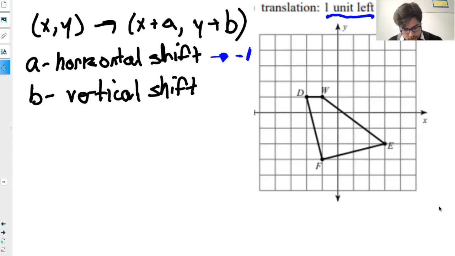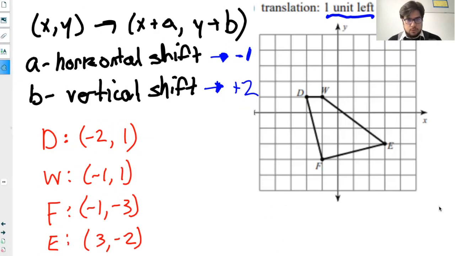And then the vertical shift, since we're going up, that's a positive value, 2 units up, so we are going to add 2. Okay, so let's look at our actual points on the graph, and we are going to shift these. We are going to subtract 1 from the x value, and then we're going to add 2 to the y value. So let's do that. Let's go back to our D point.